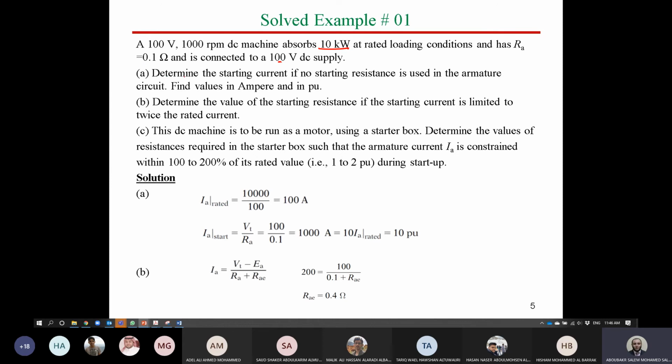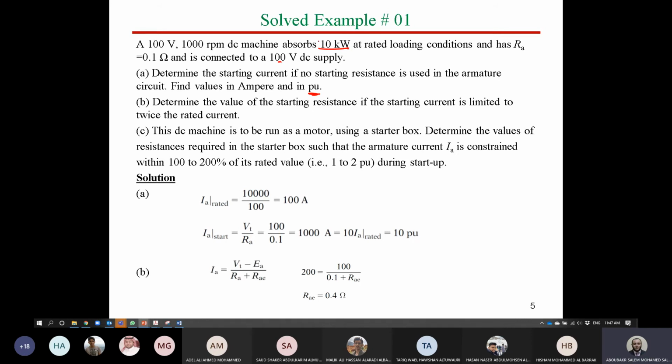Part A: determine the starting current if no starting resistance is used. Simply, V over R gives the starting current, but it also needs to be calculated in per unit, which means you have to obtain the rated current.